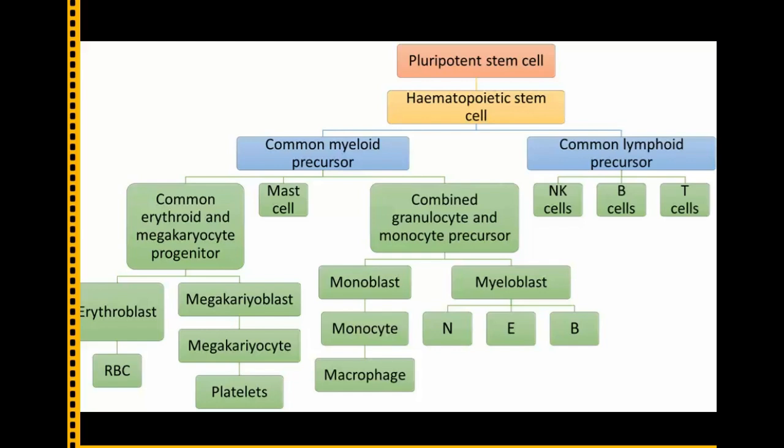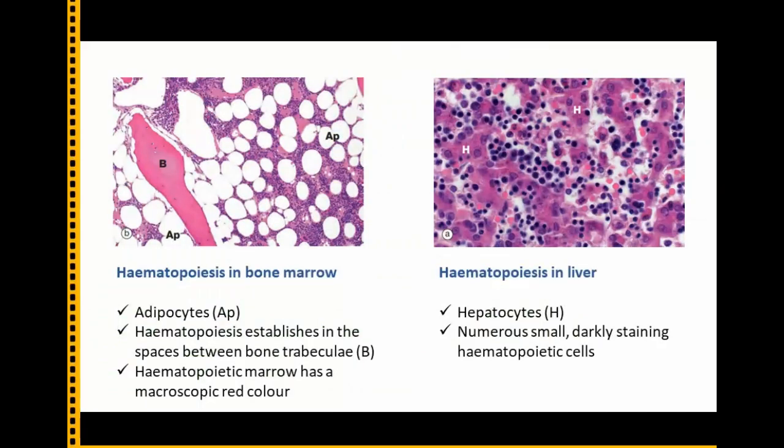Erythroblast forms red blood cells, megakaryoblast forms platelets. The other one divides into monoblast and myeloblast. Monoblast forms monocyte and myeloblast forms neutrophils, eosinophils and basophils. Monocyte is the one which eventually forms the macrophages.